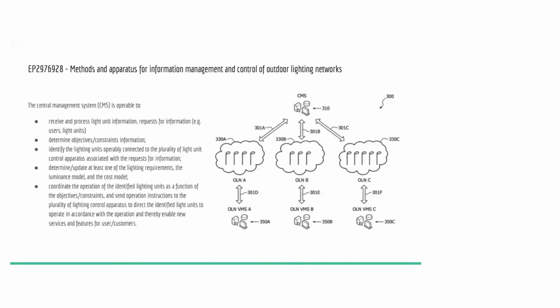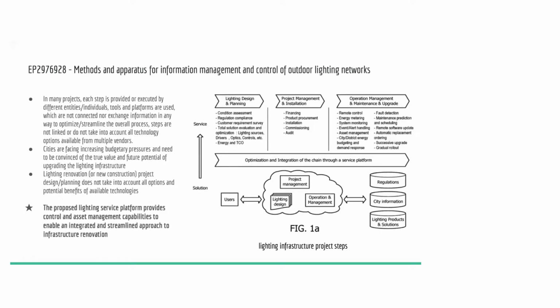So this is the reason why there is a need for tools that will integrate the value chain. And could you please jump back to the previous slide. These tools will help customers to identify the benefits and the reasons why to upgrade the infrastructure and install intelligent control systems.